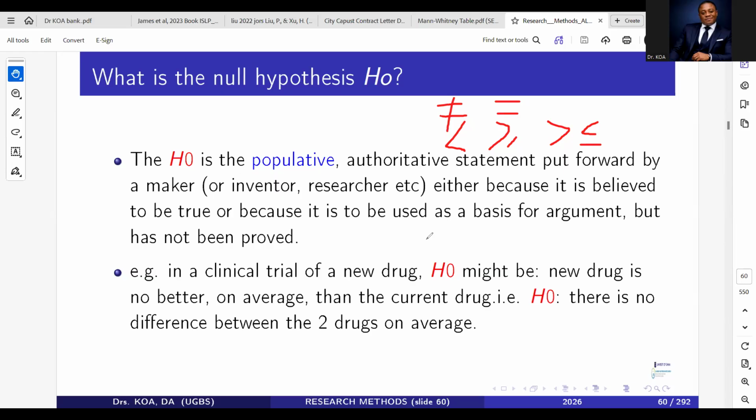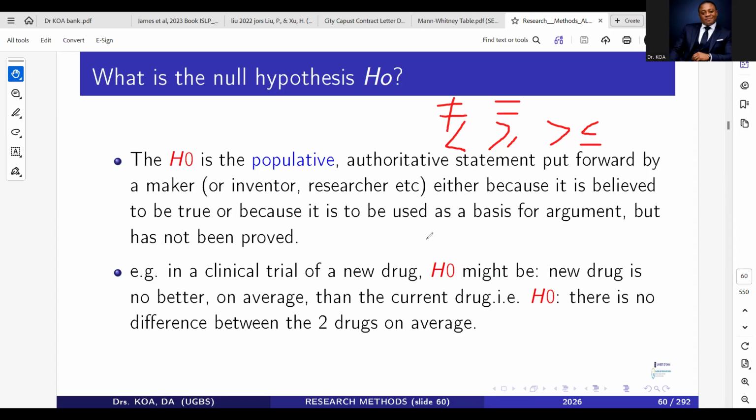And the last step, step number 4, is to decide and conclude statistically and practically. We're going to go through all of these steps right now on 2 situations.